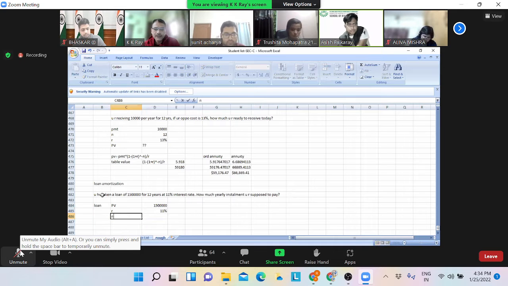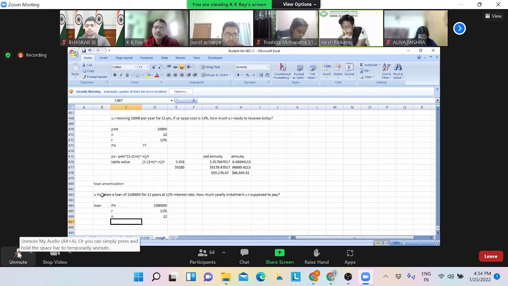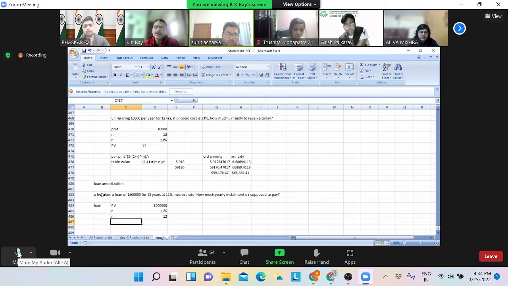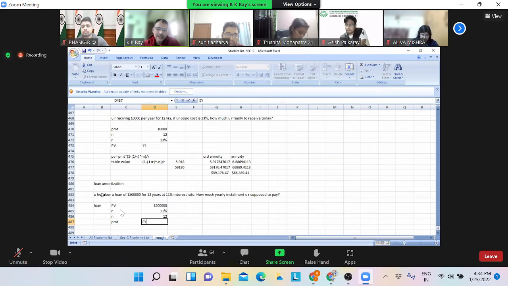The number of years of the loan is 12 years. What we need to find out is the yearly installment, PMT. We call it EMI, or EYI, equated yearly installment. Here, not monthly.